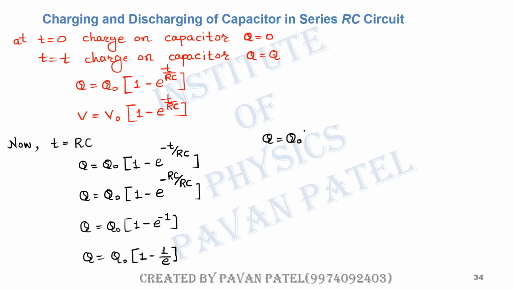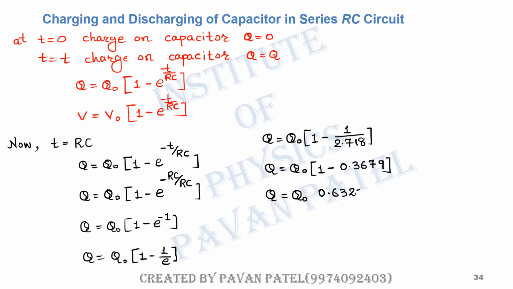So q is equal to q0 in bracket 1 minus 1 upon the value of e, which is 2.718. 1 minus 1 upon 2.718 is 0.3679, and that value should be q0 times 0.6321.